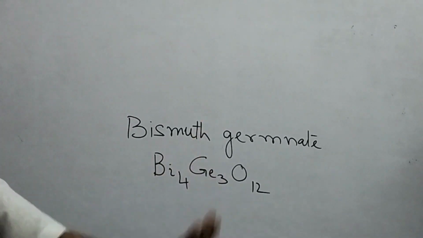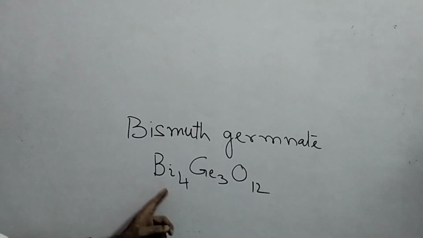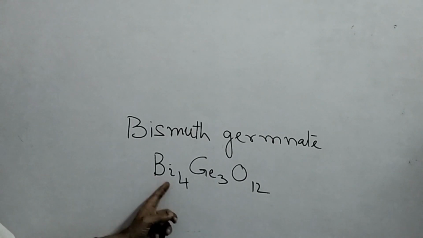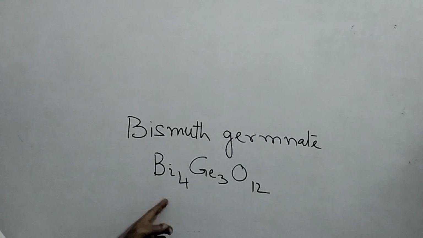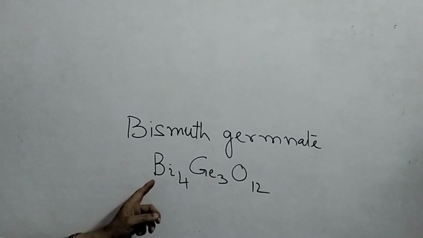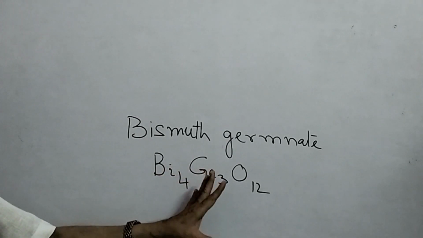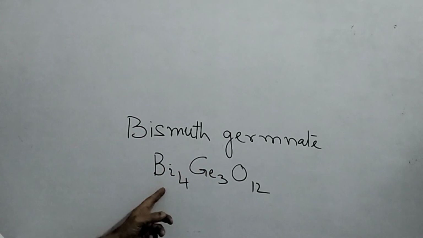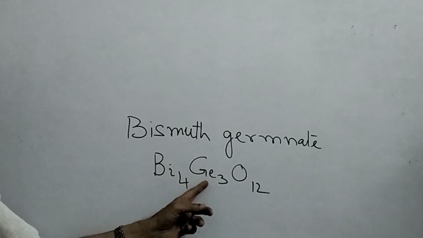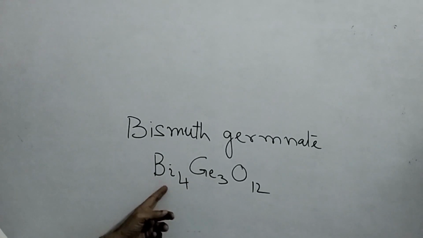Bismuth germanate, because bismuth, you see, has atomic number Z of 83. Iodine was 53, germanium is low, no doubt, probably 32 Z, but bismuth has 83.